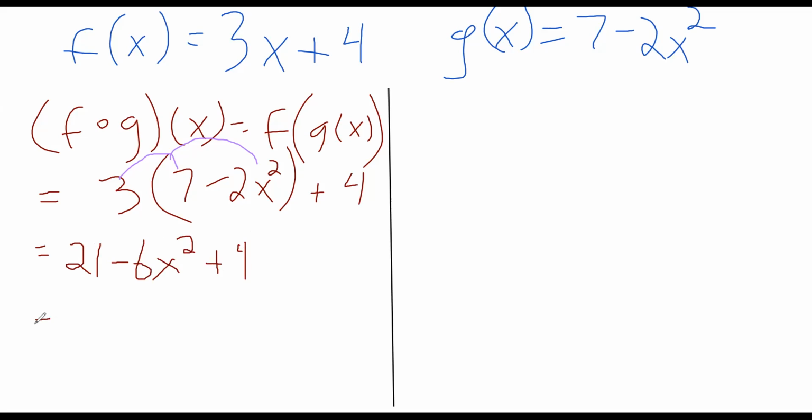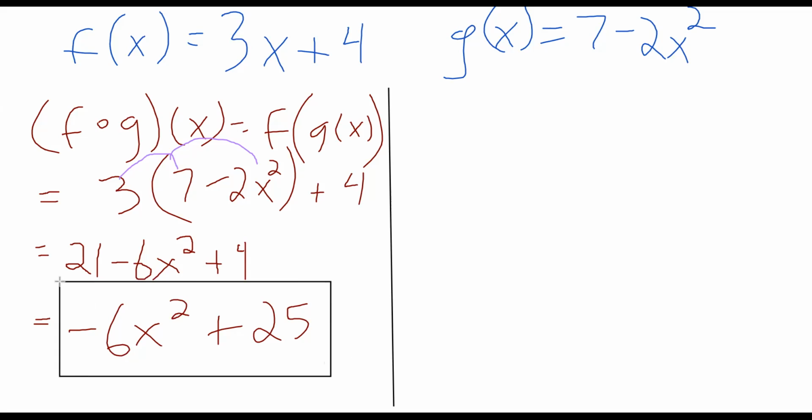We should write it in descending order and combine like terms. The only like terms are 21 plus 4, which is 25. So I'll write minus 6x squared first, then plus 25. That's descending order, where you put the highest powered term first. And that is f of g of x, f composed of g.